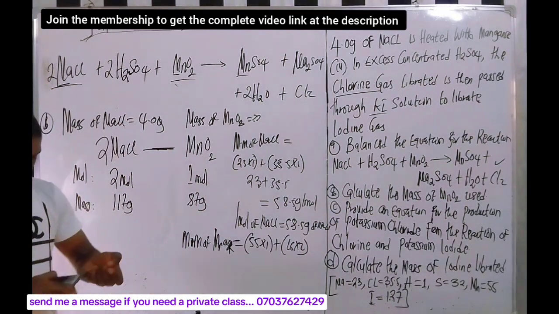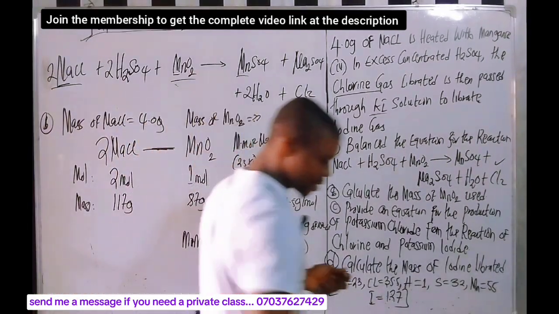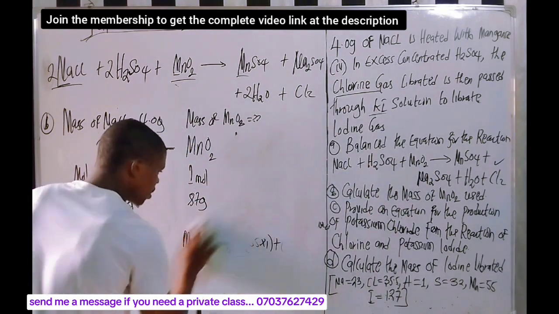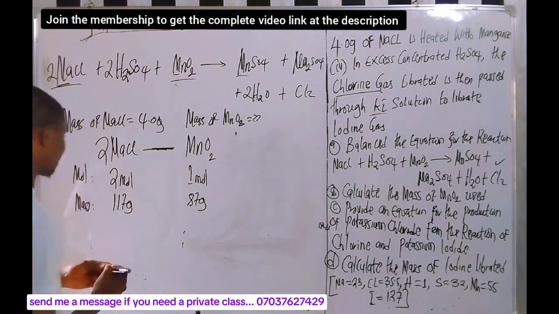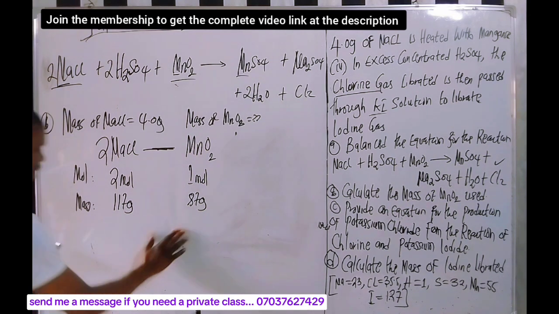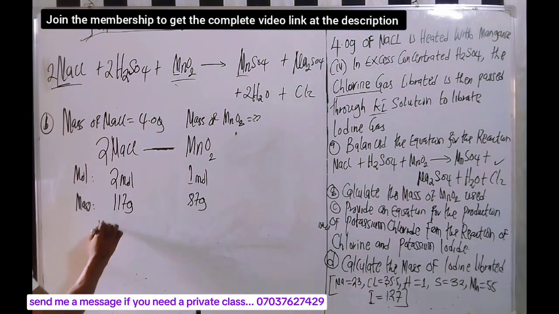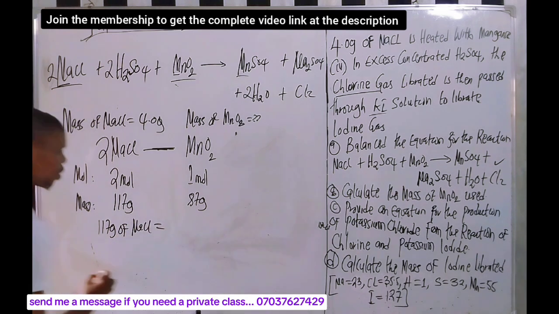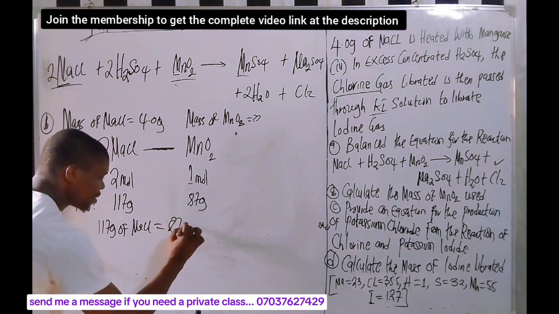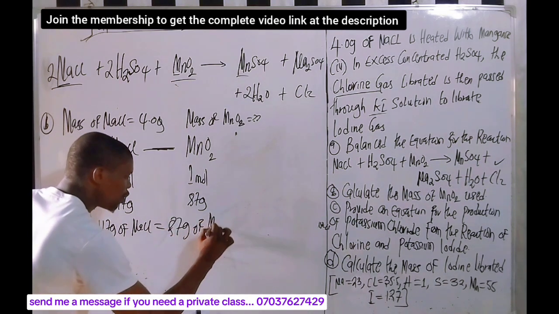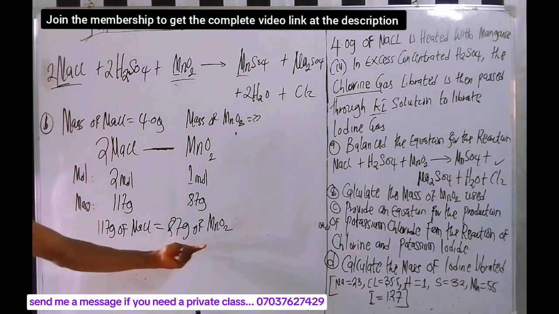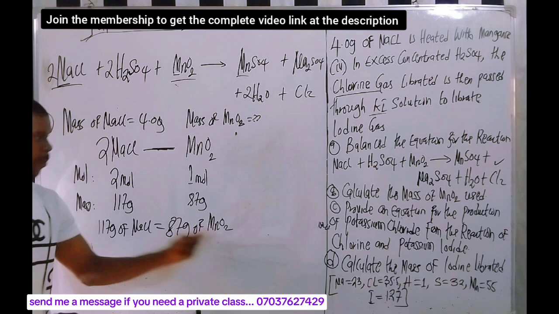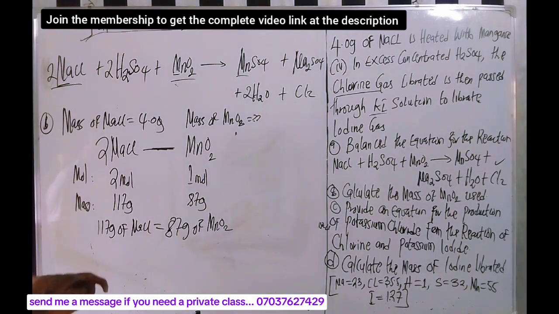Do you understand? What this means is that 117 gram of sodium chloride is equal to 87 gram of manganese(IV) oxide.